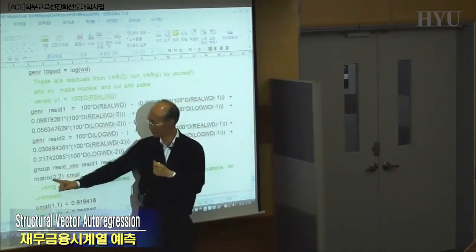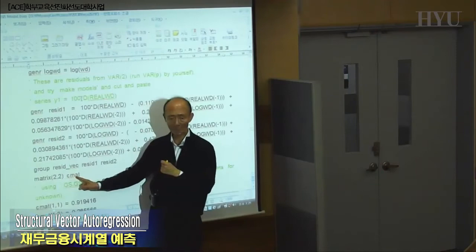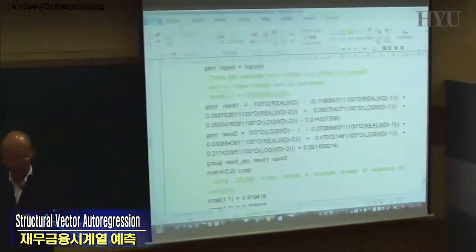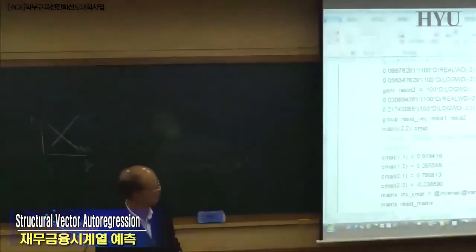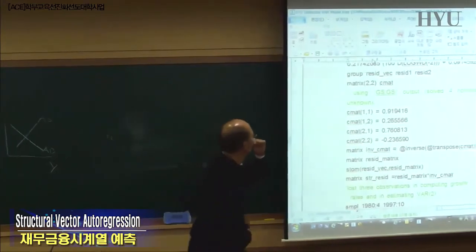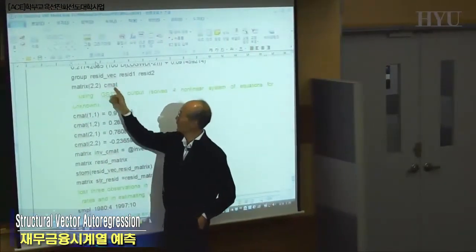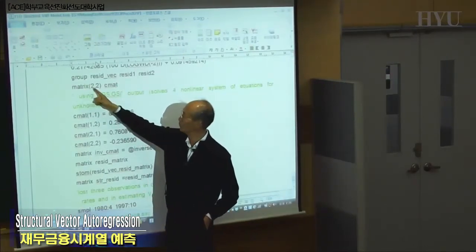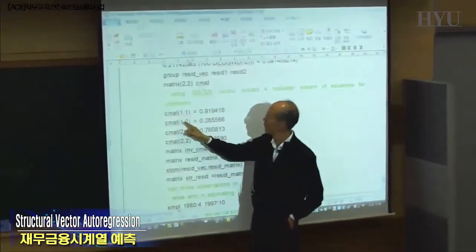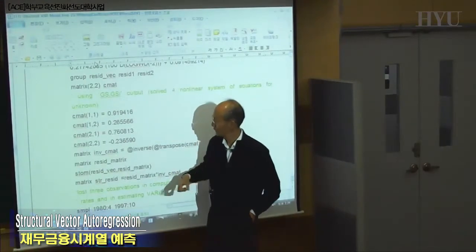And here is the way we define a matrix, a 2 by 2 matrix CMAT. How do we assign values to that? First, you declare CMAT as a matrix with 2 by 2 dimension. Elements 1,1, 1,2, 2,1, 2,2 are accessed in this way.